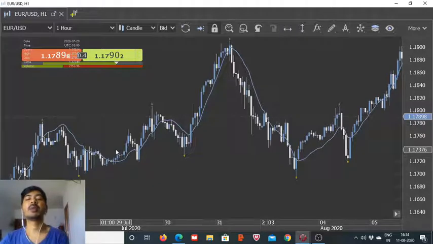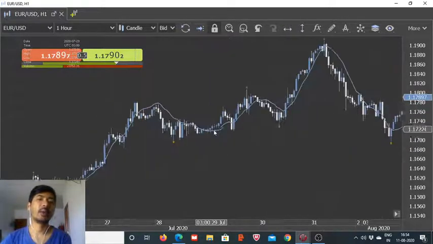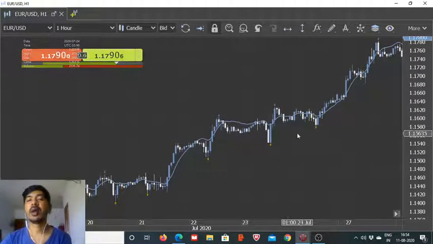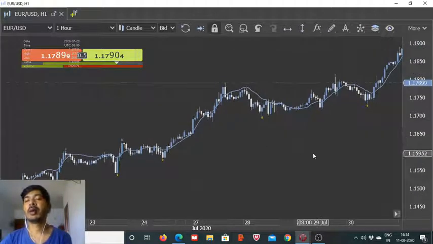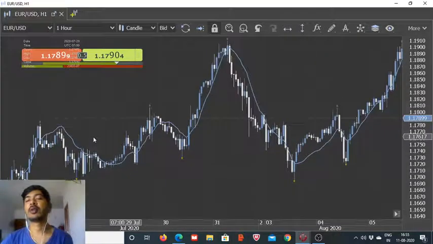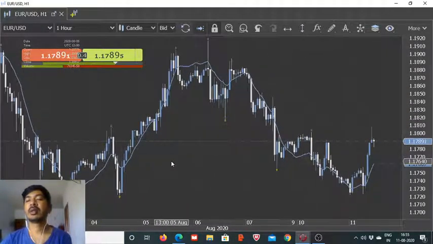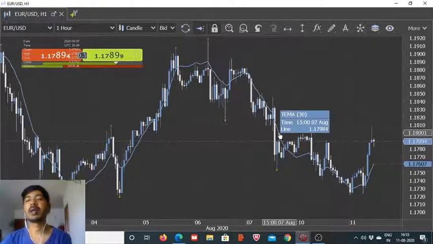Whenever there is a big price move, the TEMA tries to follow the price action. One key concern, as you can see from the chart, is that since the price action and the TEMA are overlapping, it indeed gets a bit difficult to make out the trend.